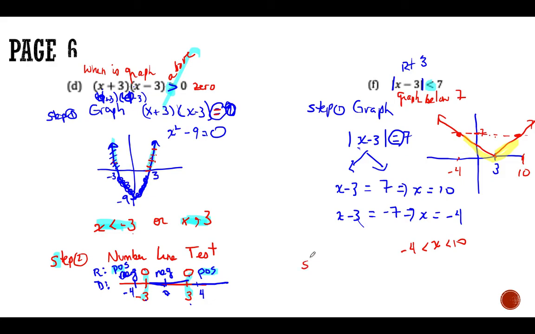Now again, if it's a graph that you're not sure about, you do your number line test, right? But to do the number line test, you need it to be equal to 0.